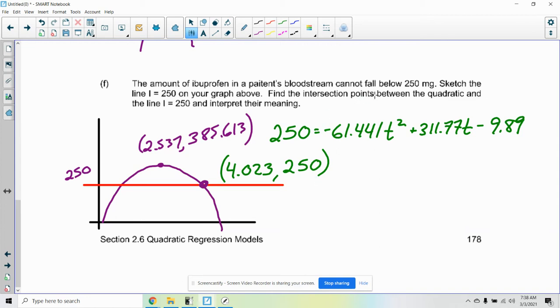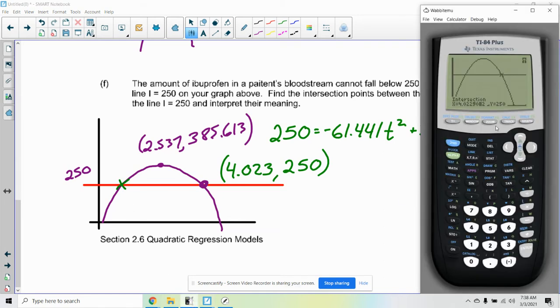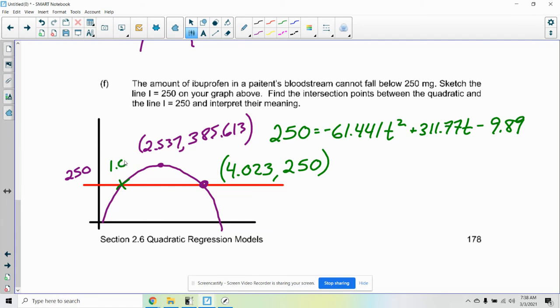This isn't really a meaningful point, but we can find it. So I'll do the same thing, second trace, intersection, and put the cursor closer to the left intersection. Enter, enter, enter. And this is 1.05, 250.